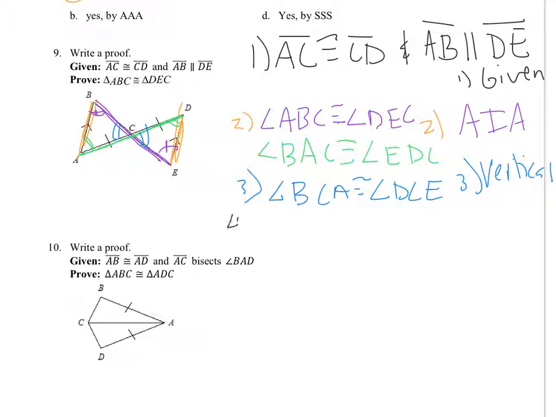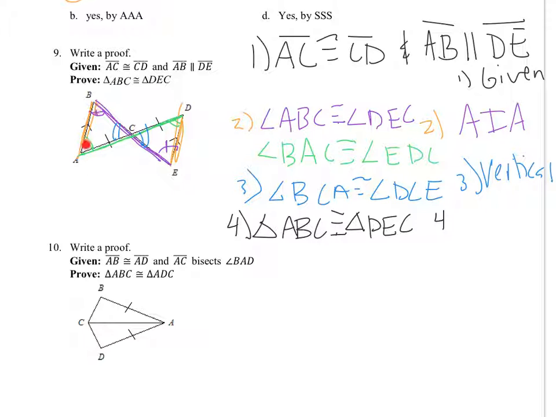So triangle, again, this is your proof statement, so you should not mess up the order of these letters, ABC is congruent to triangle DEC. Now, the reason why I have a lot of options here is because this was given, I could use angle, side, angle. If you named these 2 angles, you didn't have to name the purple one, but you could say angle, side, angle.